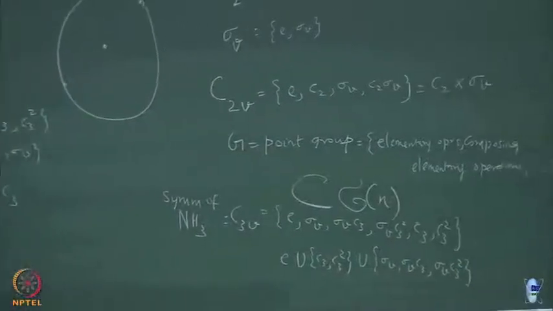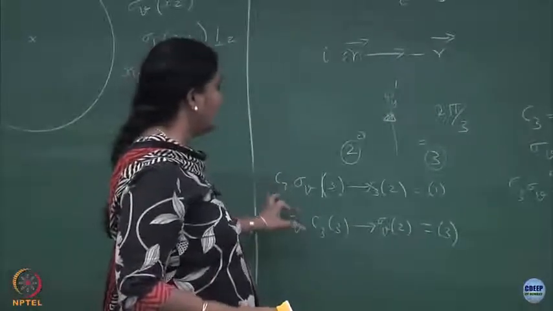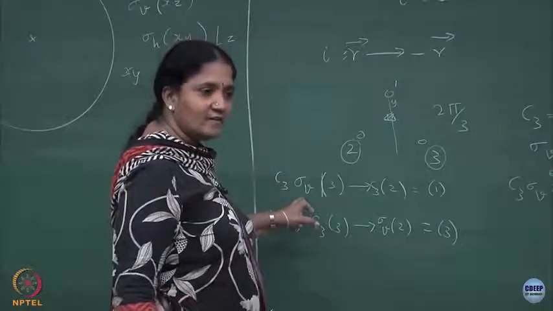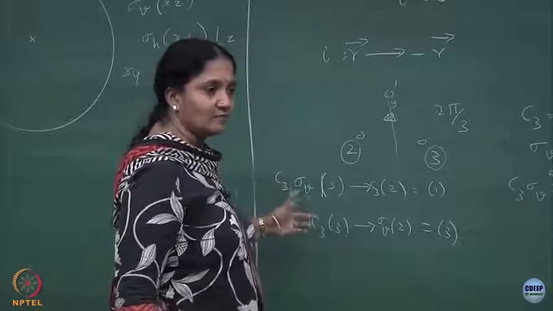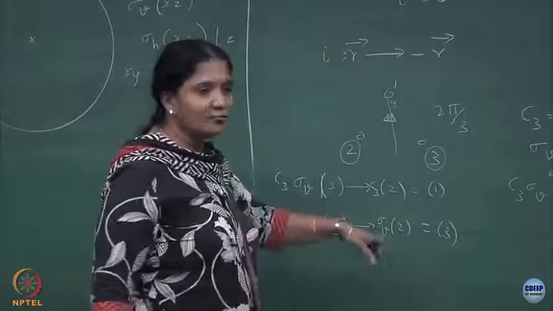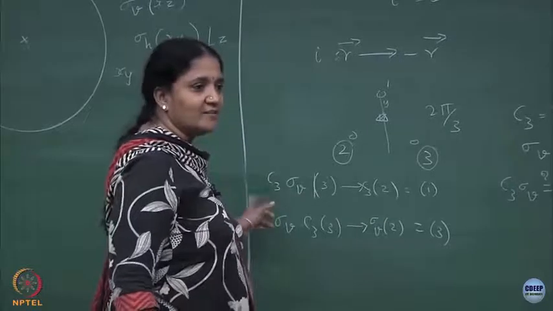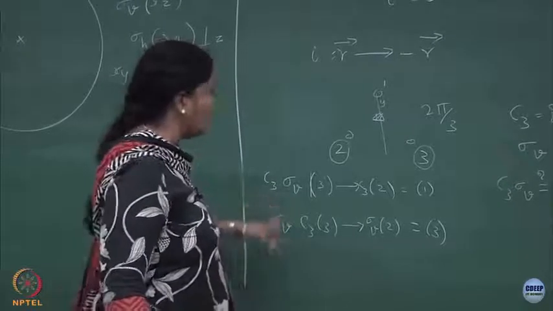There are 3 classes. To see that it is a class, you can also do sigma v C3, sigma v here, and check it out. C3 will go into C3 squared. You can check it out even here by operating whatever I have done.